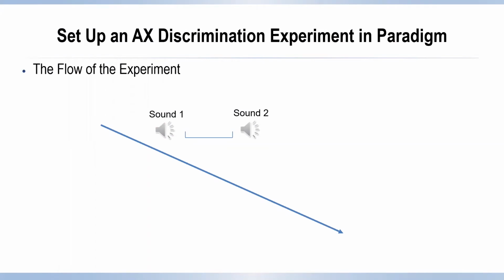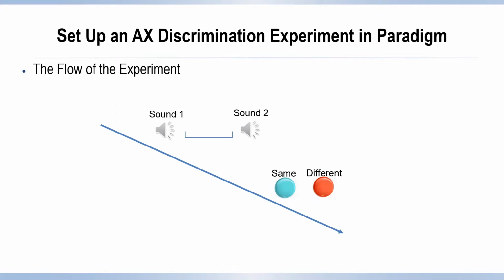In an AX discrimination experiment, we give a participant a pair of stimuli, like two sounds, sa, sha, and ask him or her to judge if the two are the same or different.